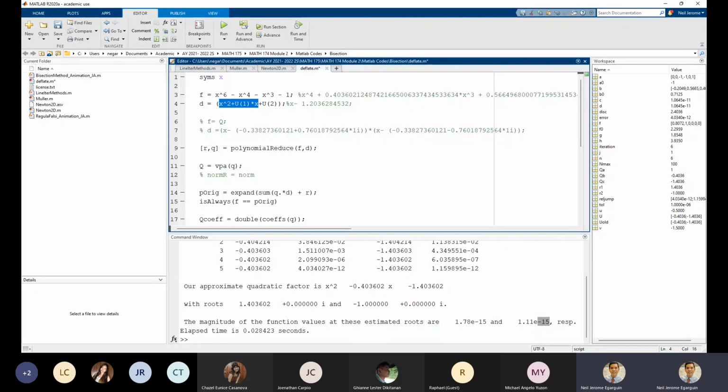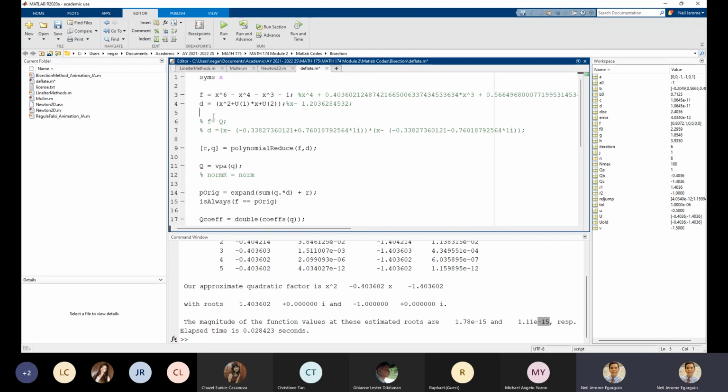Pag naglagay ka dyan ng clear, mabubura yung u1 at saka yung u2. So dapat i-save mo siya sa papel or i-copy-paste mo muna siya sa notepad, tapos ibalik mo siya rito. Alright? Pero ayokong gawin yun, di na lang ako nag-clear. So para ma-call ko si u1 up to all the decimal digits stored by Matlab in the previous run. Okay? Times x plus u2. So ito yung u at saka v na final mula dun sa Bairstow's method.